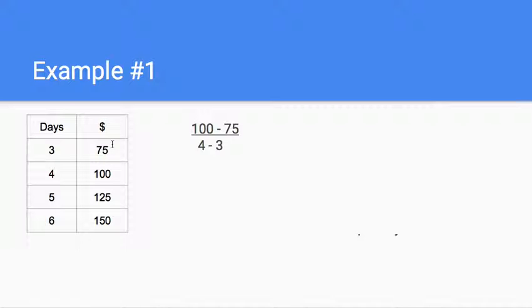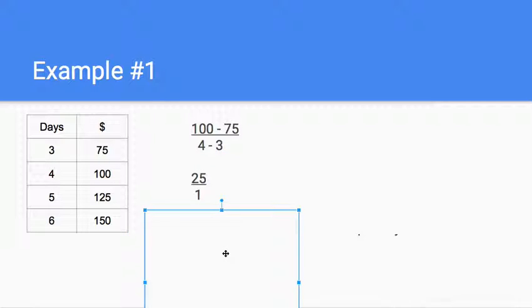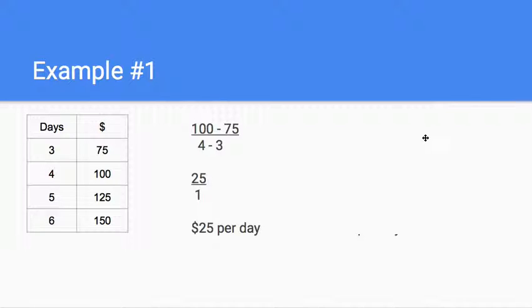So 100 minus 75, and I put that over 4 minus 3, the x values that correspond with those two y values. So 100 and 4 matched up, and 75 and 3 matched up. Whenever I subtract that, I get 25 over 1. So 25 divided by 1 gives me $25 per day.